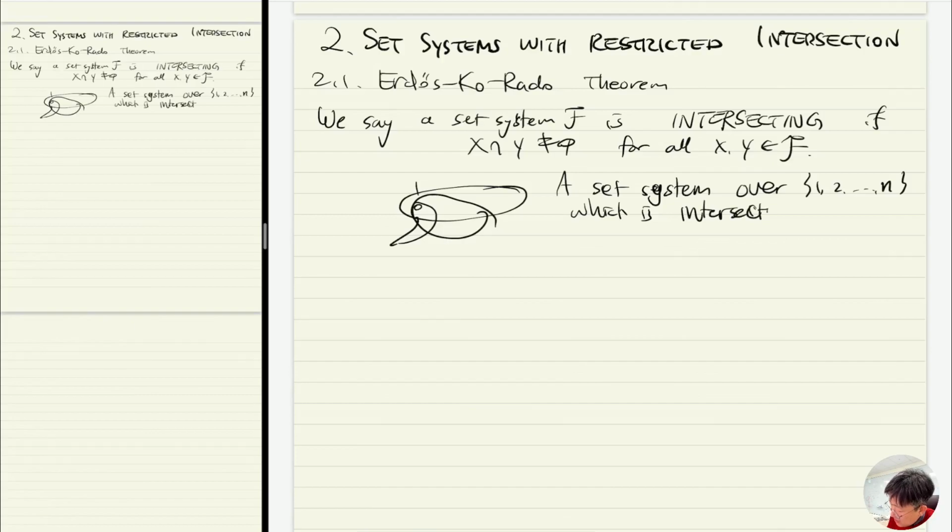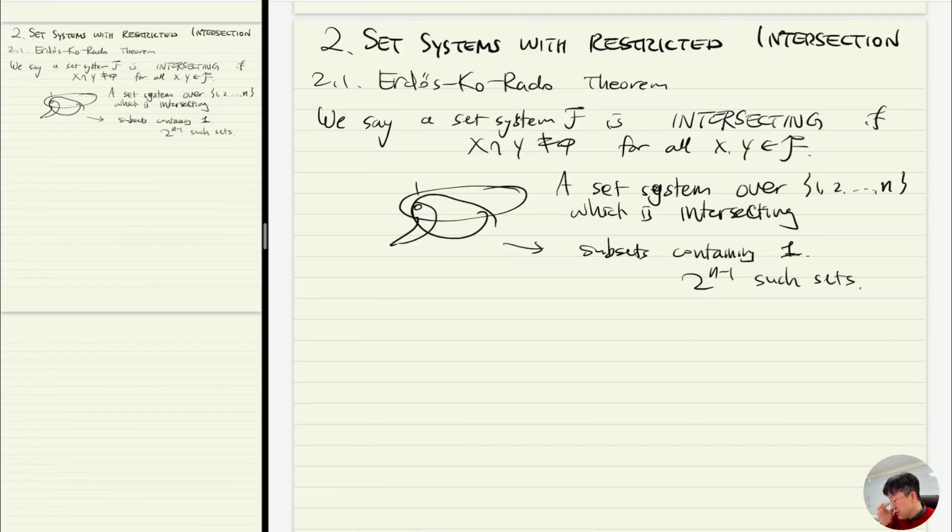What are the examples? For instance, here's a subset containing 1, right? Then there are 2 to the n minus 1 such sets. So this is an example where there exists an intersecting set system over an n element set, and its size is 2 to the n minus 1.